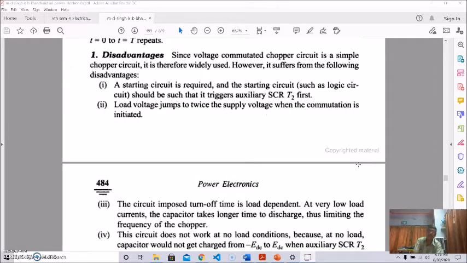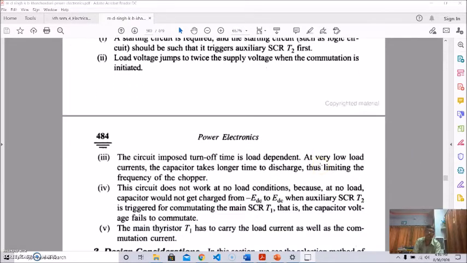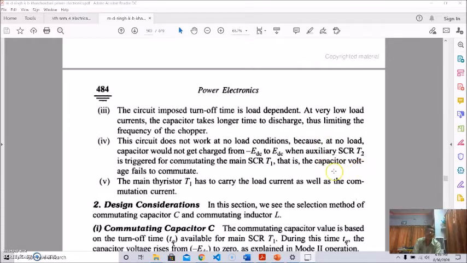Once again, a starting circuit is required, such as a logic circuit that triggers auxiliary thyristor T2 first. The load voltage jumps to twice the supply voltage when commutation is initiated, and the circuit imposed turn-off time is load dependent. At very low load current, the capacitor takes longer to discharge, limiting the chopper frequency.